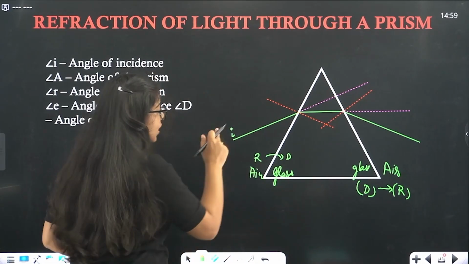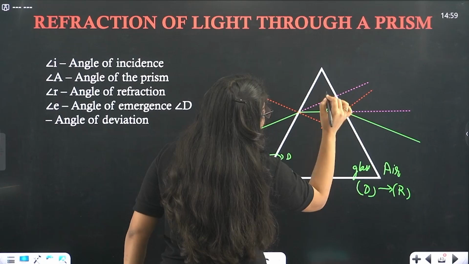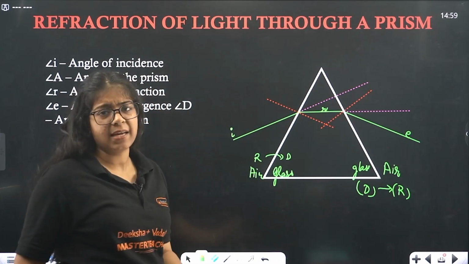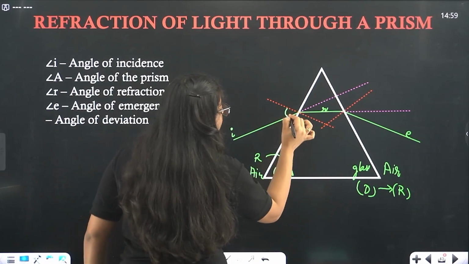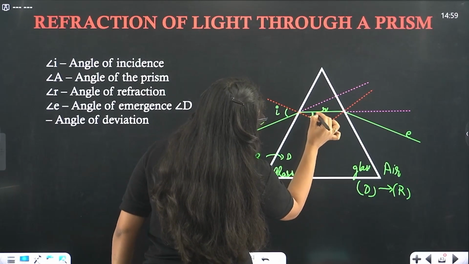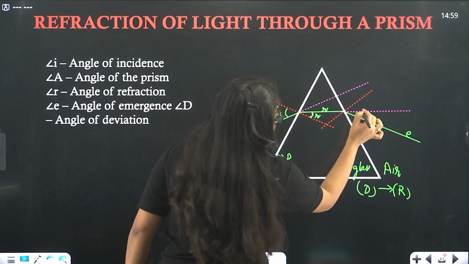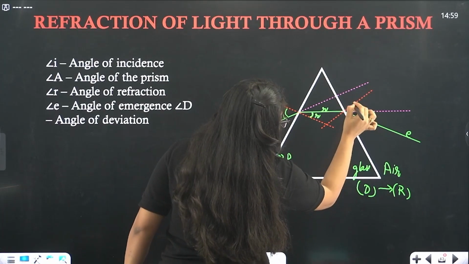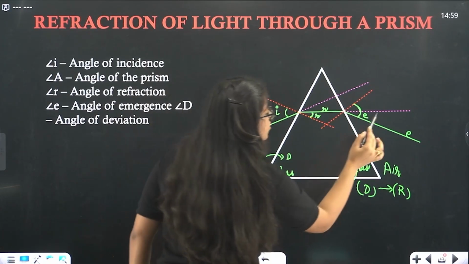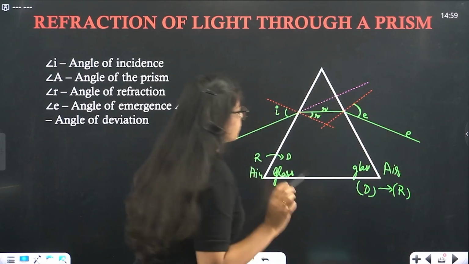This is your incident ray, your refracted ray, and your emergent ray, just like in glass slab. This is your angle of incidence. This with normal is your angle of refraction. This with normal is your angle of emergence.